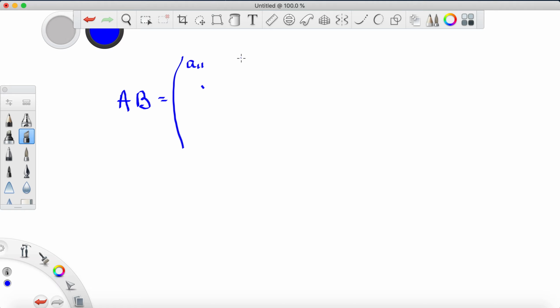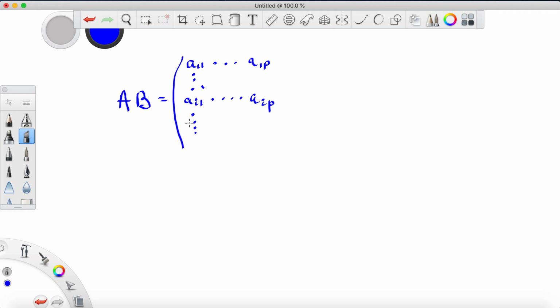So here we have A11, and it's going all the way up to A1P. And now we're going down to the ith row, AI1, and then we're going over to AIP. So P is the number of columns.